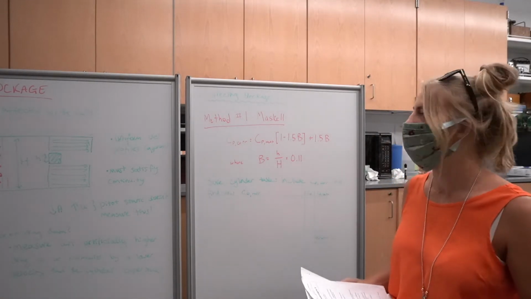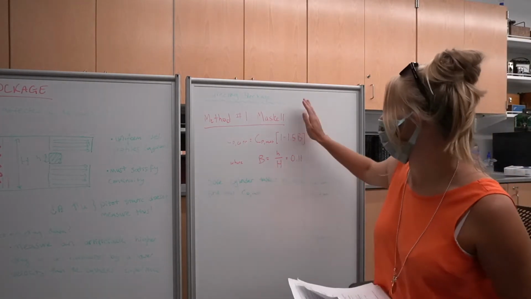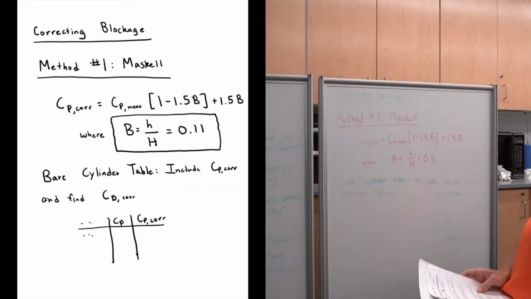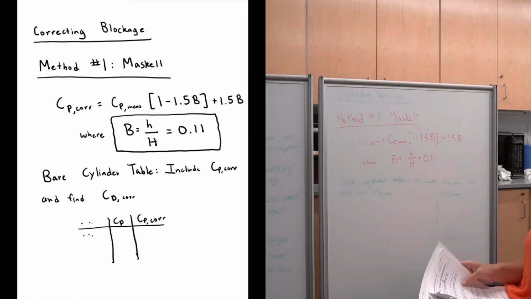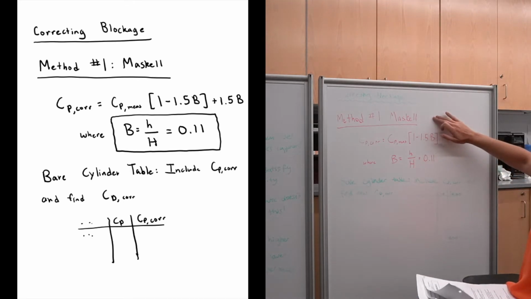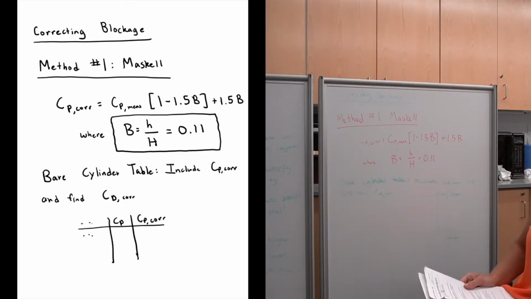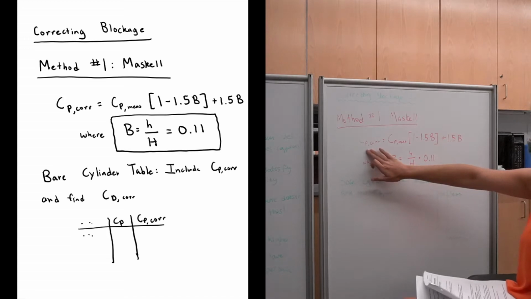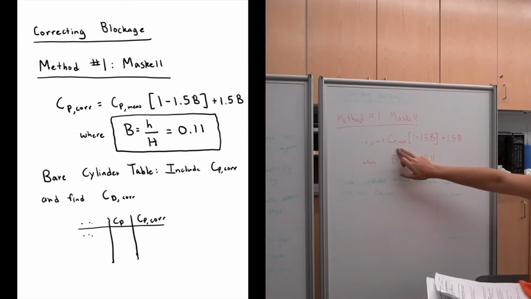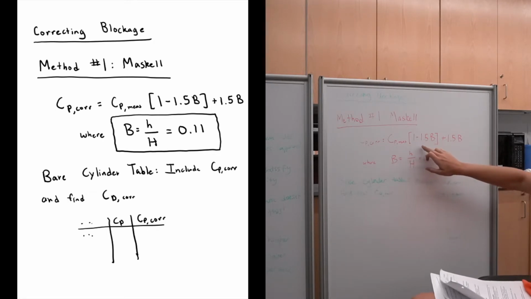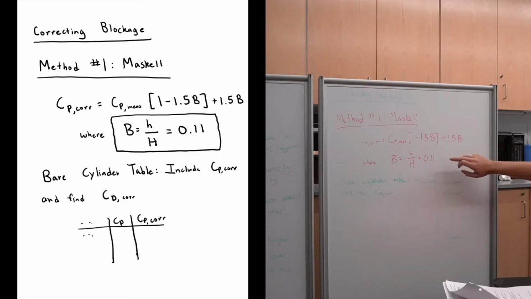in a table. The way that we correct for our blockage is by using two different methods. The first method is an equation by Maskell, and later on we'll look at a method that you will derive yourself. In Maskell's method, the equation for the corrected coefficient of pressure is CP corrected equals the measured CP value times (1 minus 1.5b) plus 1.5b.